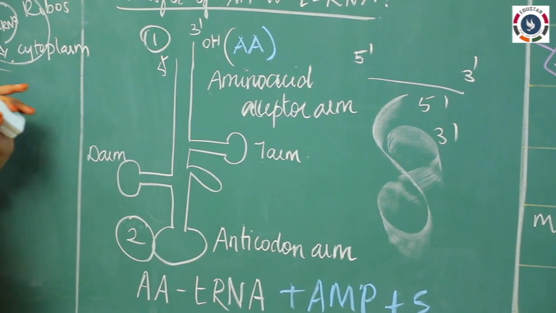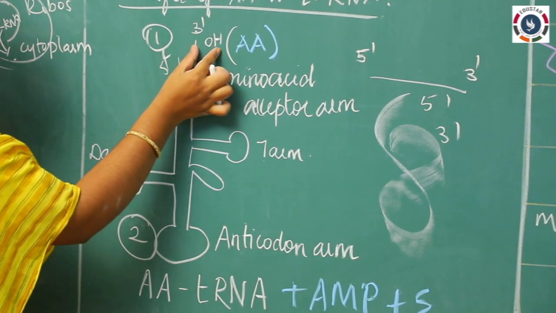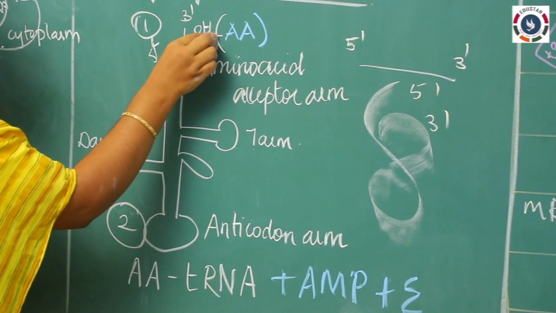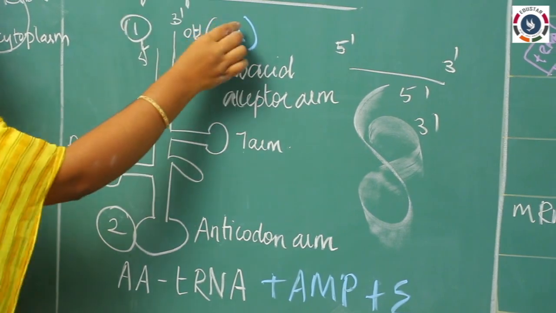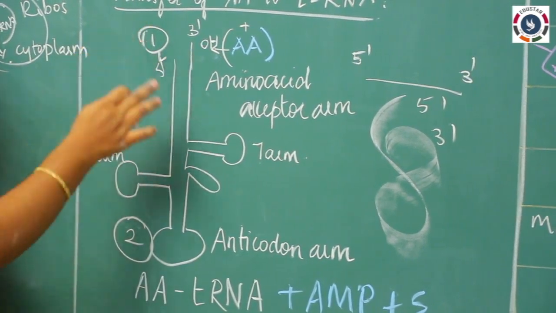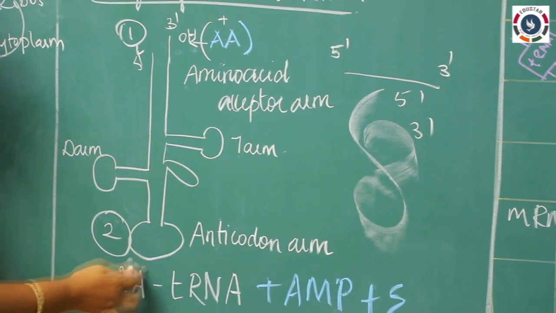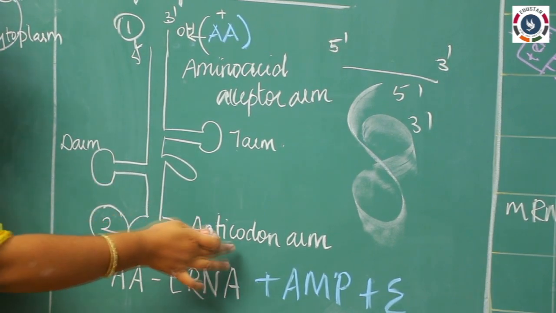In this, we have the 5' and 3' region. We know that the 3' end has a free hydroxyl group, right? On this hydroxyl group, our charged amino acid present in the cytosolic region will come and attach to the OH region of the tRNA molecule. And this down region is the anticodon arm.